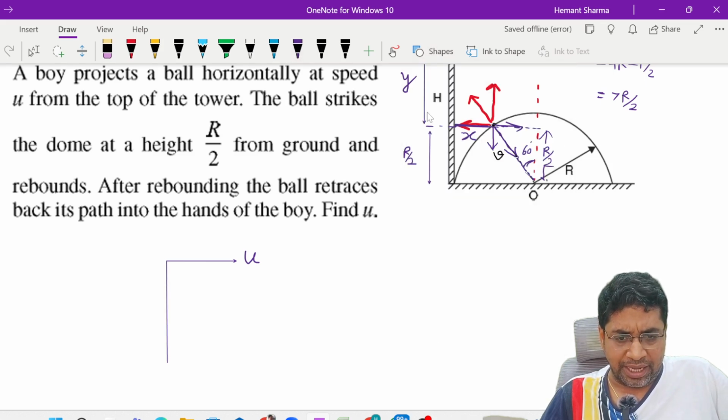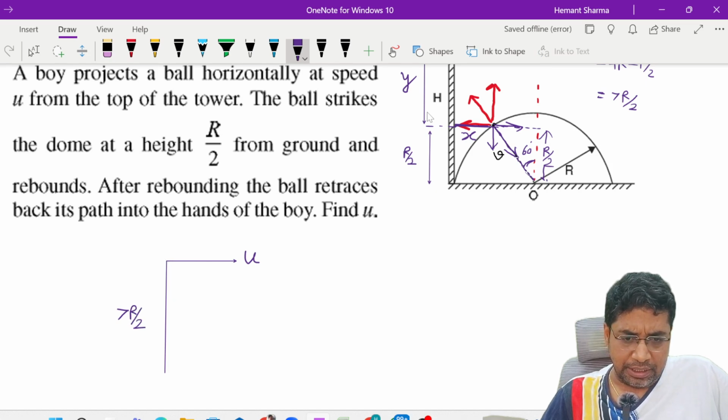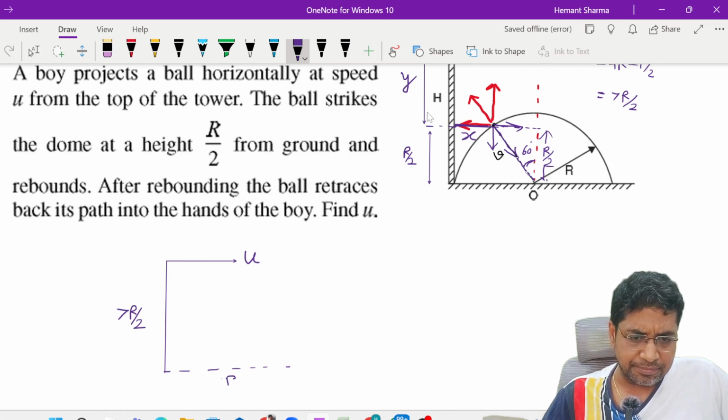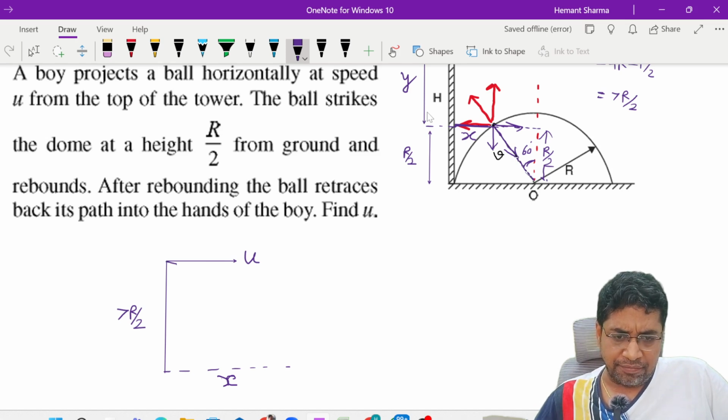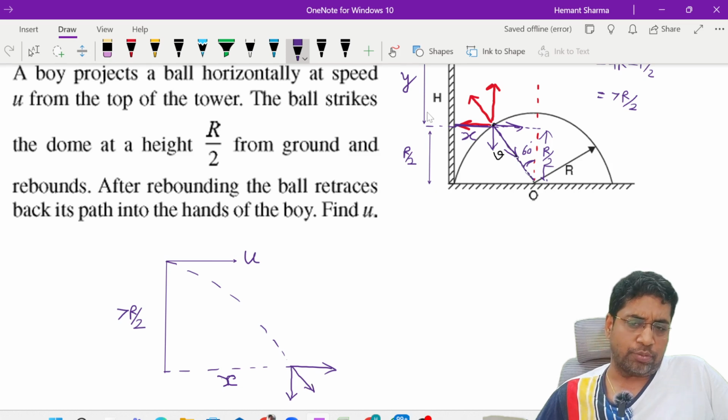After going down a height equal to 7r by 2, it has covered a distance, let's say x, in horizontal, but the velocity with which it is striking this surface must have components in such a way that its velocity is passing through the center of the dome.